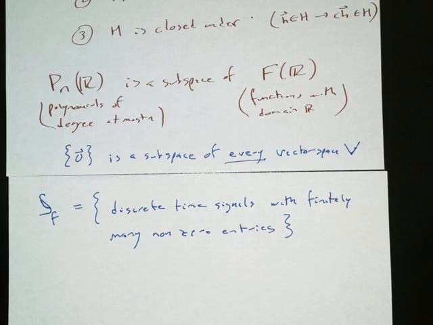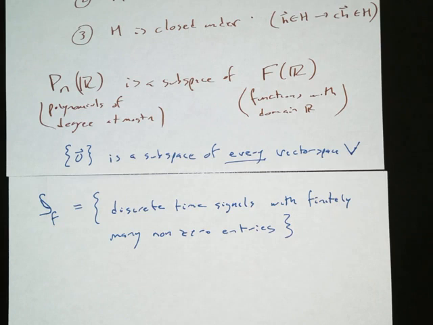I don't care how many, 100, 1,000, 73, there are only so many dots that aren't zero, right? That means there is a lowest entry dot that's non-zero and a highest entry dot that's non-zero. And everything outside of that is all zeros.